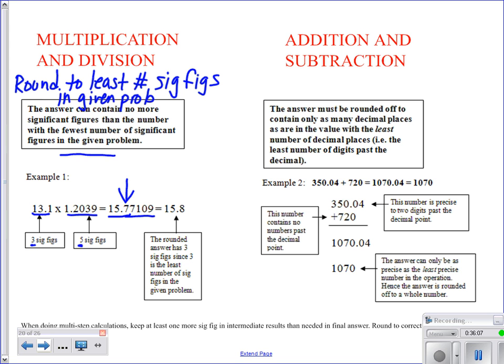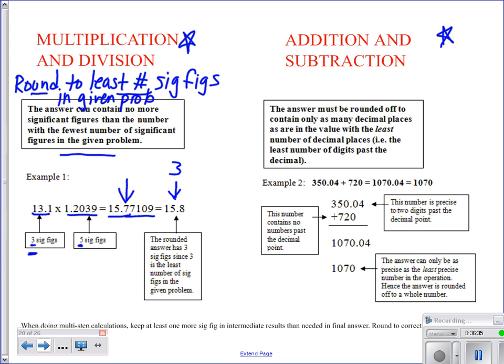So instead, what you have to do is round to the least number of sig figs in your given problem. 3 is less than 5, so you round this to 3 sig figs. The rounded answer has 3 sig figs since 3 is the least number of sig figs in the given problem. That is your rule for multiplication and division. Really important that you know it. Addition and subtraction, it's important that you know this also.